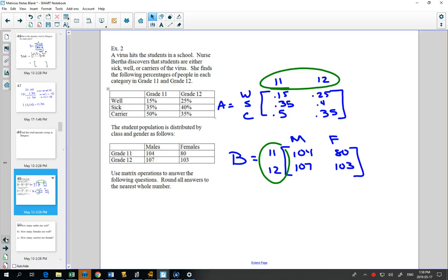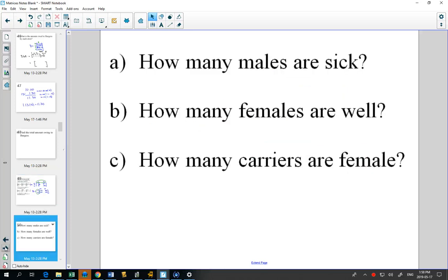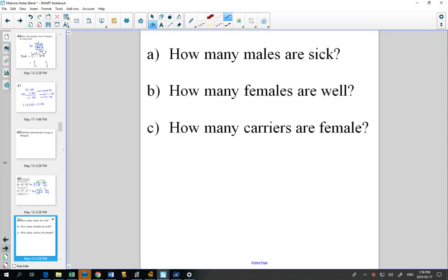But if I go to my matrix multiplications, and right underneath here I say I can multiply A times B, and I know that matrix A was a 3 by 2, and matrix B is a 2 by 2. Above that I'm going to write that matrix A stood for well, sick, carrier, and 11s and 12s, and matrix B was 11s and 12s, and males and females.